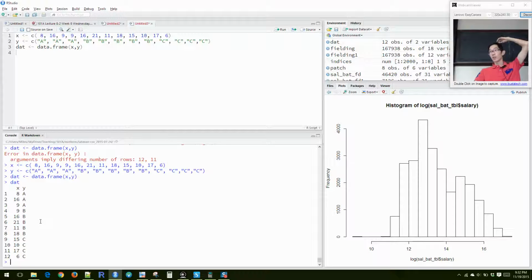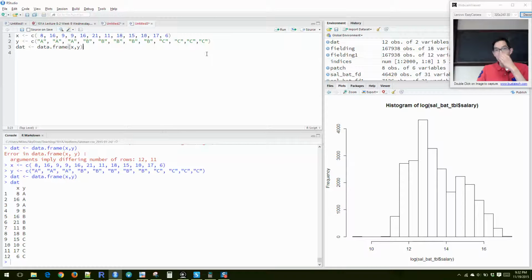It would think we're measuring something, and that the third group has 3 times as much whatever it is than Group 1, which is not the case. These are just Group 1, Group 2, and Group 3, but it's not that Group 3 has 3 times more whatever than Group 1 does, or Group 2 has twice as much as Group 1. So here, if I use letters, R knows these are just labels.